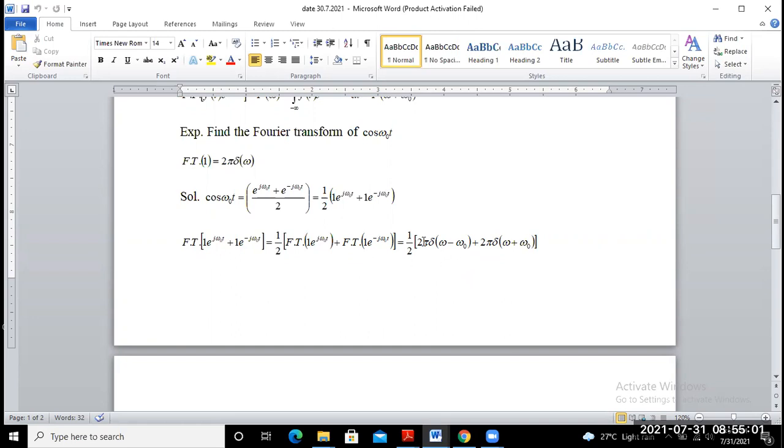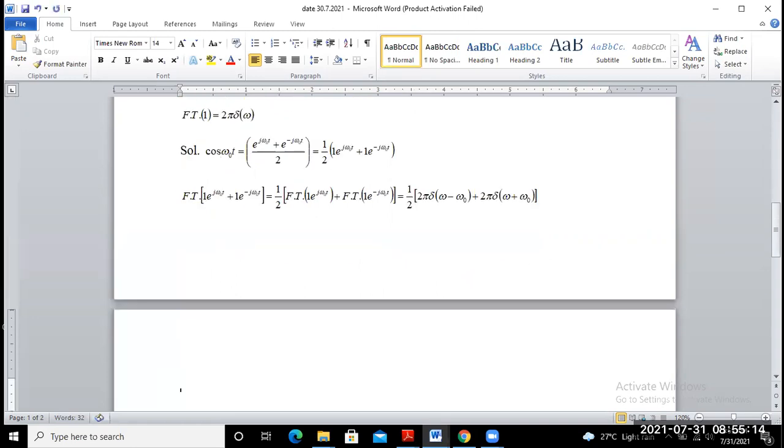If we take the common factor from these two terms, the two cancels out from the numerator and denominator.